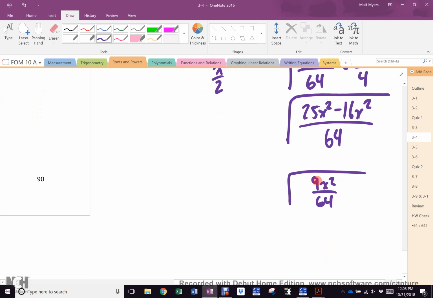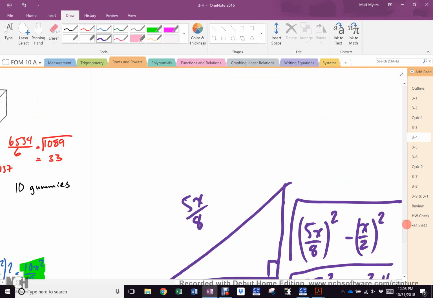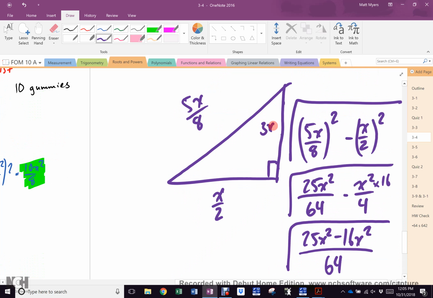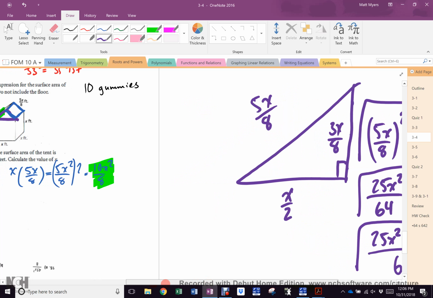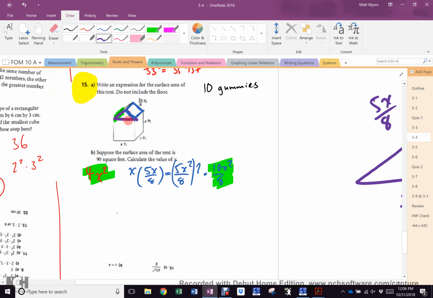Now I square root it. What's the square root of 9x squared? 3x. Square root of x squared is x. What's square root of 64? 8. So that is the height. Now, the whole base was what? What was the whole base? x.